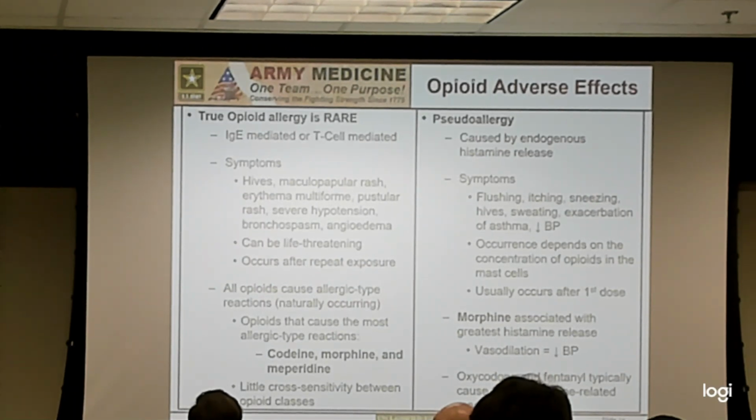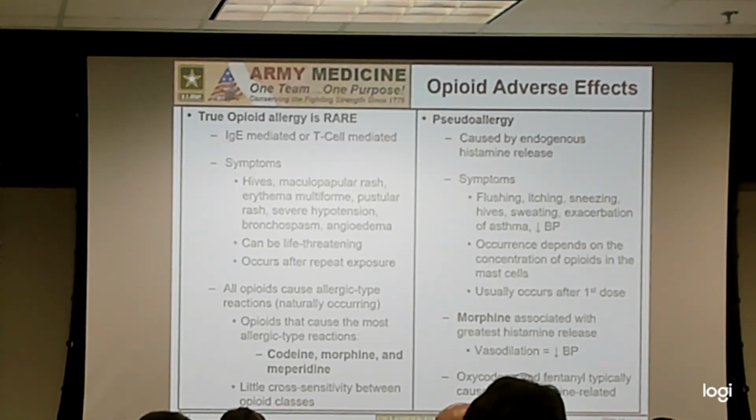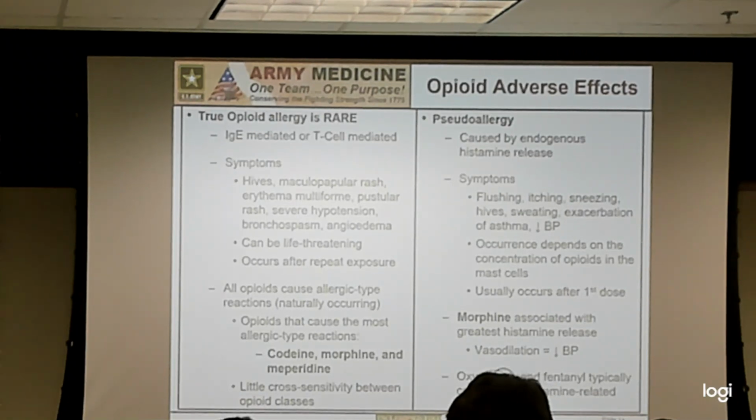You'll see they're super swollen, red. That's how that presents. Whereas with your pseudo allergy, it's more so like a rash. They're itching, they might be sweating, their blood pressure is going to drop a little bit, but it's not as life-threatening as you would see with your true opioid allergy. And again, we talked about morphine being one of the ones with the highest itching, so it's one of the ones with the highest pseudo allergy.